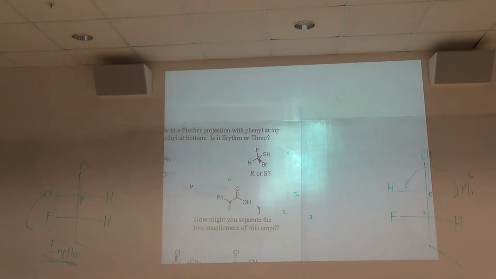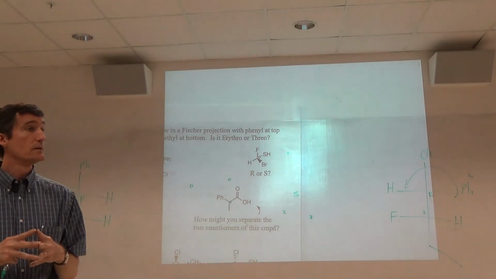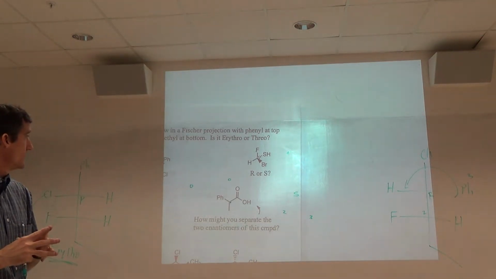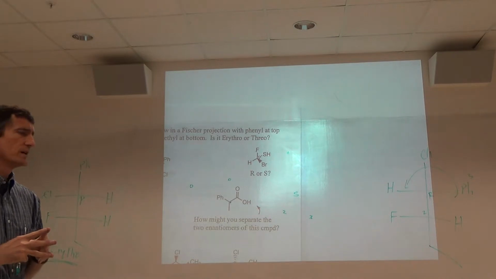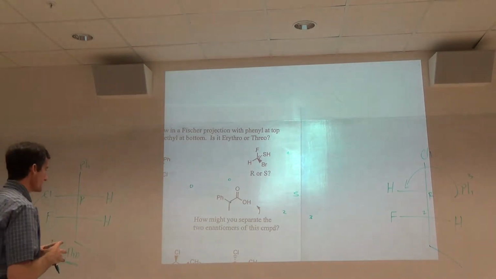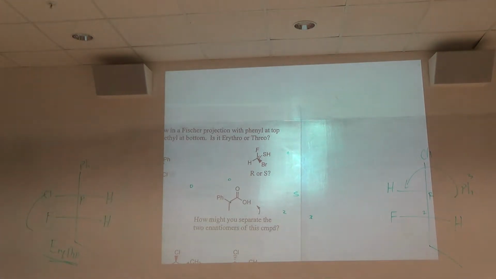They have the same exact physical properties. Do you think one is going to crystallize and the other not? No, why would they do that? They have the same exact properties. So how are you going to separate them? Well, it's very difficult. So let me show you how to do it.